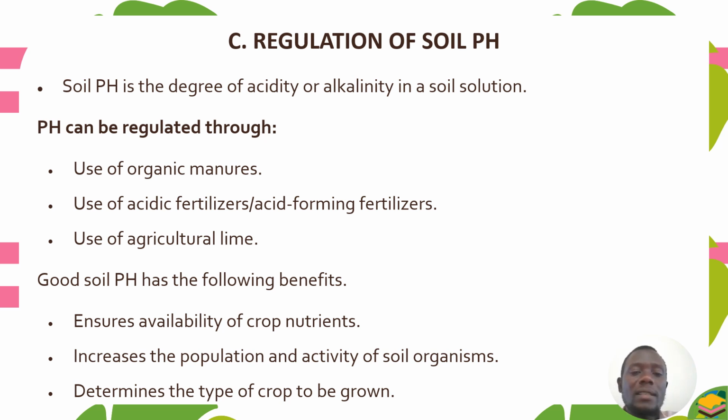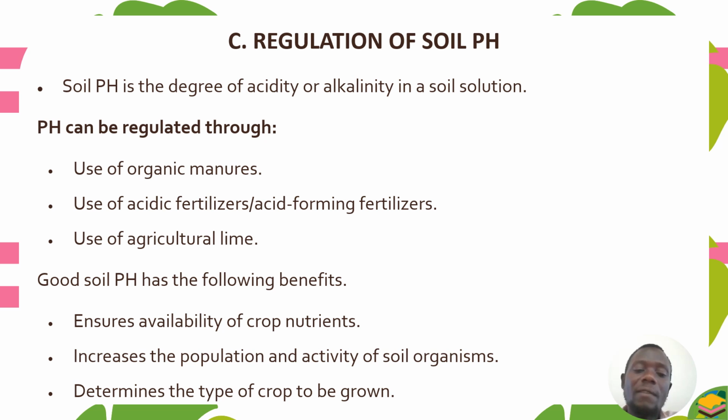Let's now look at regulation of soil pH. Soil pH is the degree of acidity or alkalinity in the soil solution. pH can be regulated through the use of organic manure. So if you are using organic manure, you're also able to regulate the soil pH.